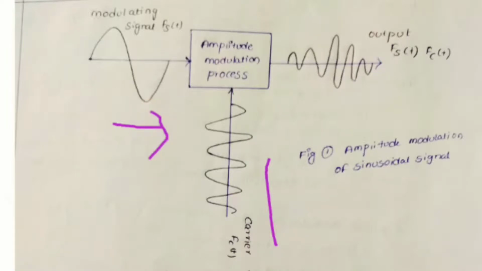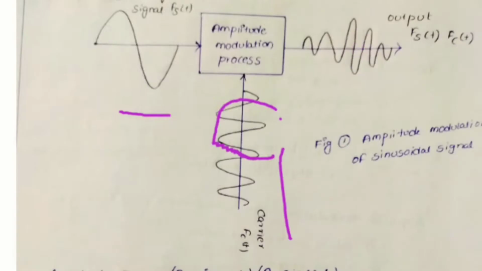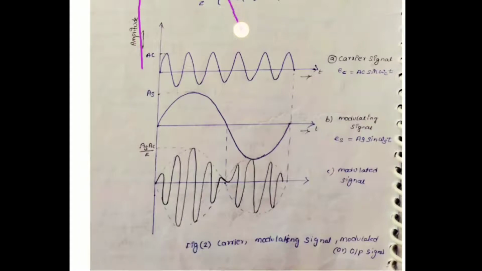The output we obtain is Fs of t, Fc of t. According to the modulating signal, the carrier signal is modified. If the modulating signal is like this and the carrier signal has a frequency like that, Fc of t, then according to the modulating signal, the carrier signal will be converted.